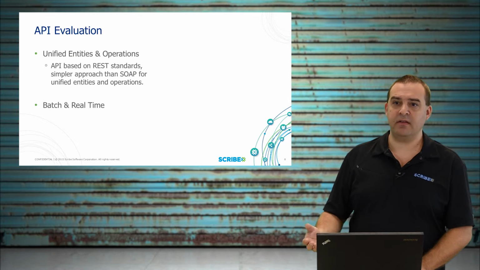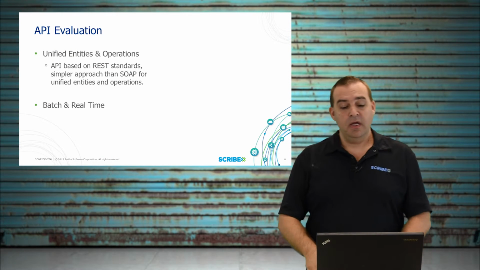Whereas with Salesforce, we can do a single call and forget about it. It's fire and forget, and Salesforce will take care of doing the other end of that processing. Salesforce will put it into the correct place when it needs to. So we save processing time on our side because the API has these multiple operations, these unified entities and unified operations.